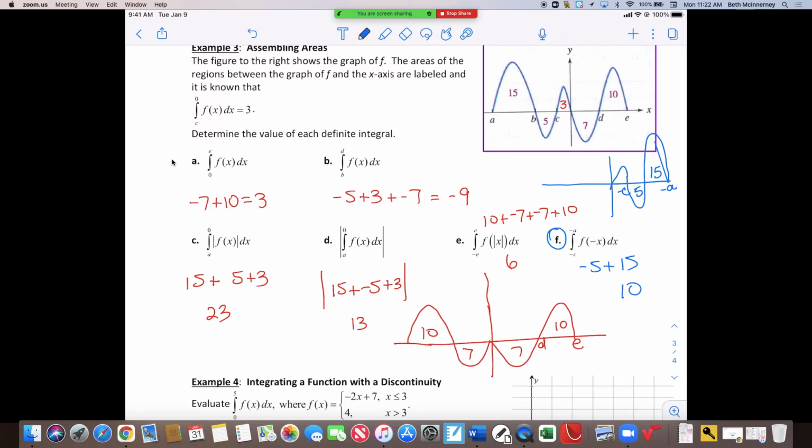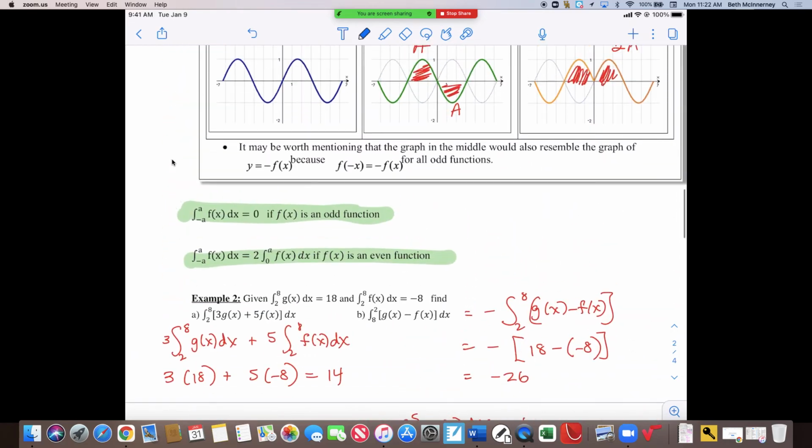Think about it like this: if I have f of negative x, and if you look at the previous page, the graph is a reflection about the origin. Can you look at that middle one right here?